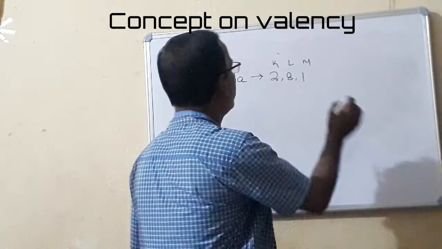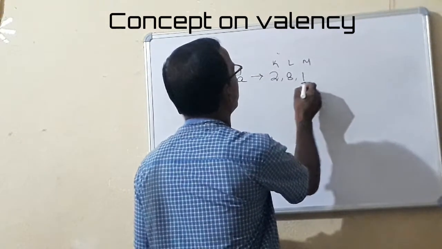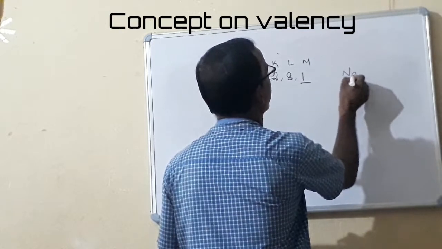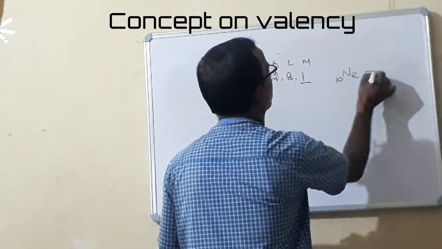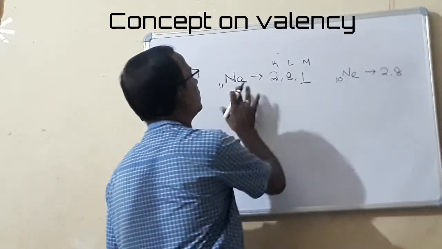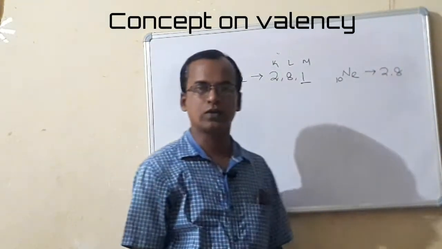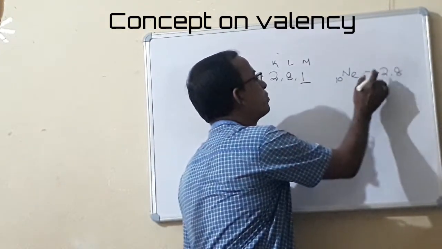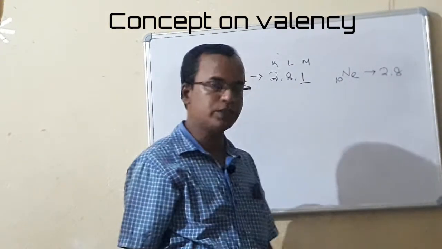So it has one excess electron than the nearest noble gas neon, whose configuration is 2, 8.